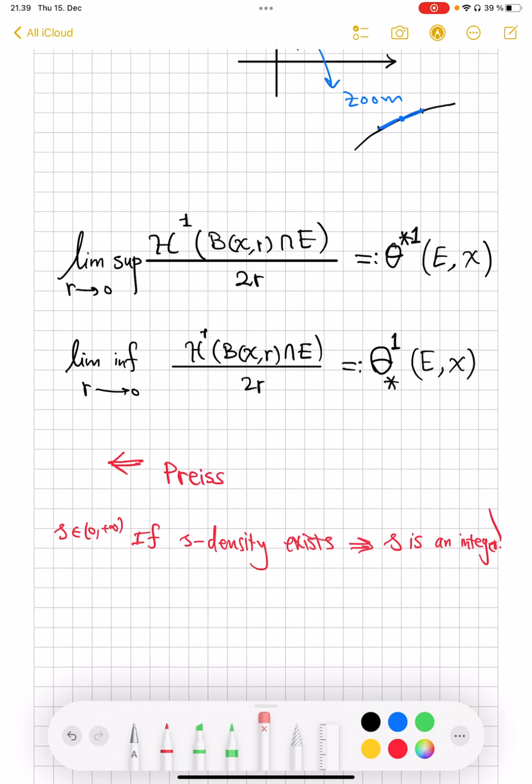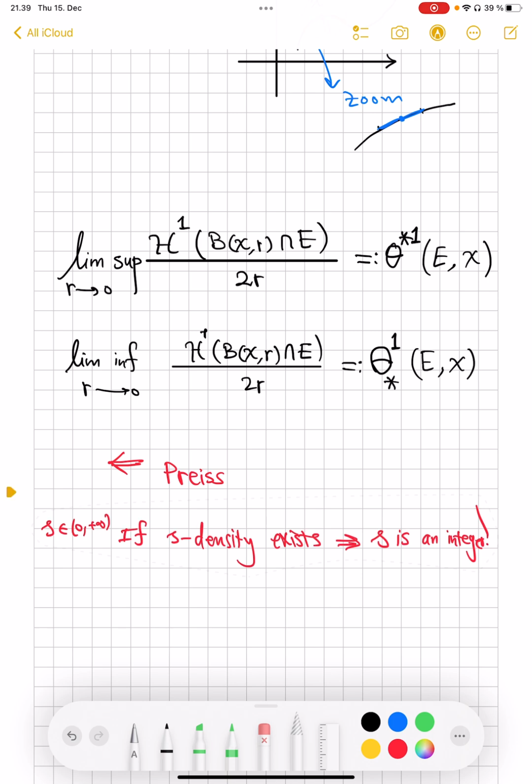That's again quite surprising, because look at the definition of density. All you will do is put S here and replace this by power S and the right constant used in the definition of Hausdorff measures. Just because these upper and lower limits, lim sup and lim inf, exist H^S-almost everywhere, it is not clear at all that this will force S to be an integer.